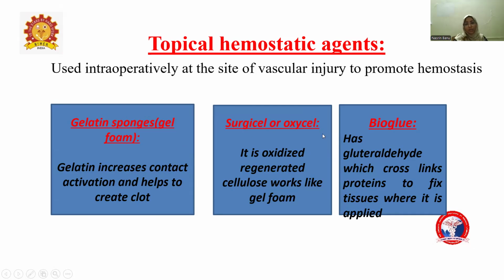Then there is surgical or Oxycel, which is oxidized regenerated cellulose that works like Gelfoam, just like gelatin sponges. And BioGlue has glutaraldehyde, which cross-links the proteins to fix wherever it is applied. So these are the topical hemostatic agents, applied at the site of injury.